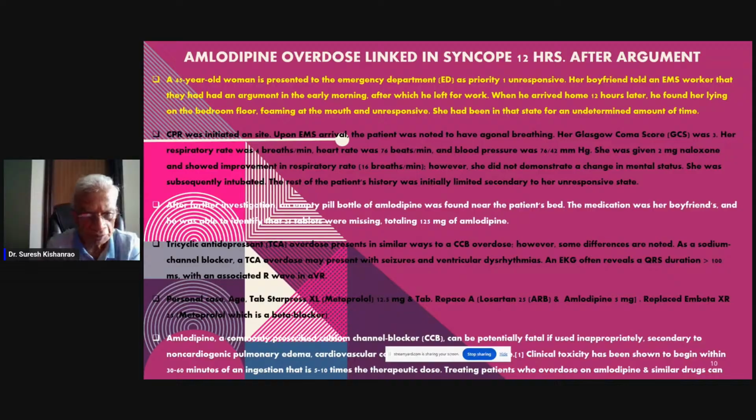So here, both amlodipine and tricyclic antidepressants, if taken in overdose, are known to cause syncope. Here, an electrocardiogram, ECG, reveals a QRS duration of more than 100 milliseconds with an associated R wave in aVR.